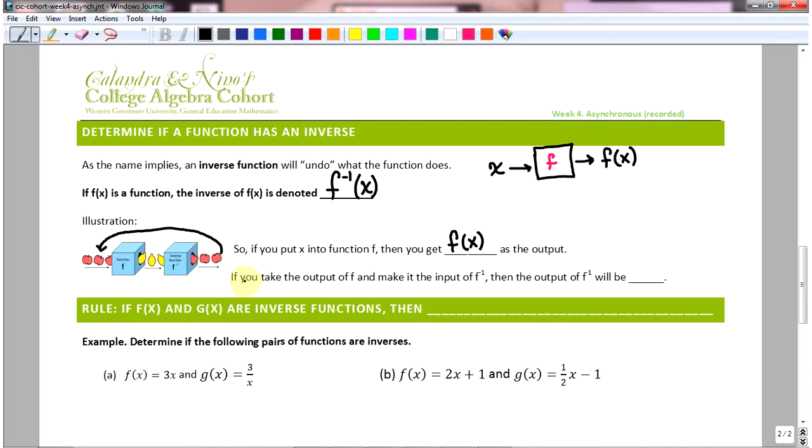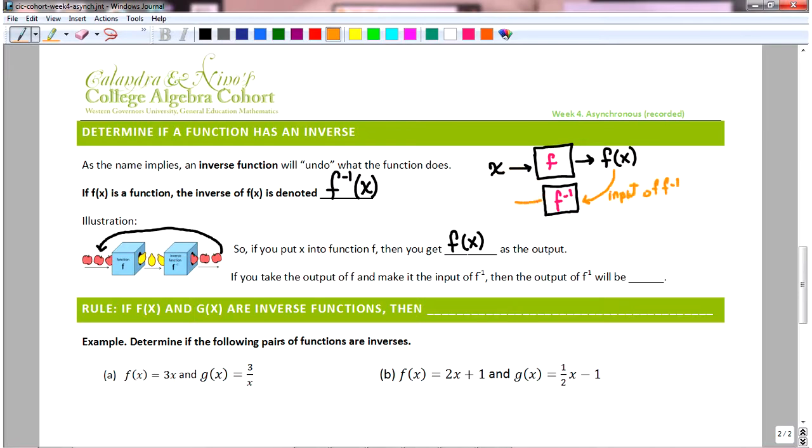Now, if you take the output of f and make it the input of its inverse, so if I put the inverse below, f of x is the output of the original function, and I make that the input of my inverse.